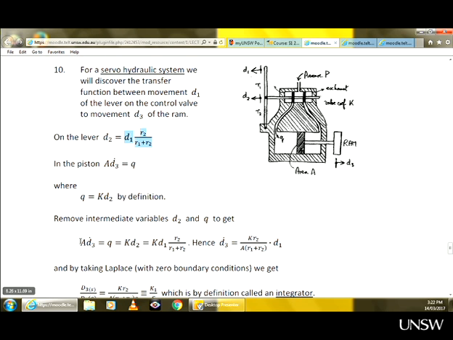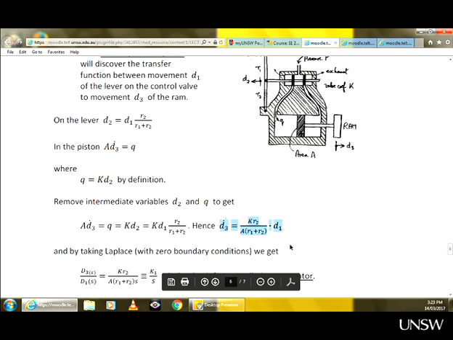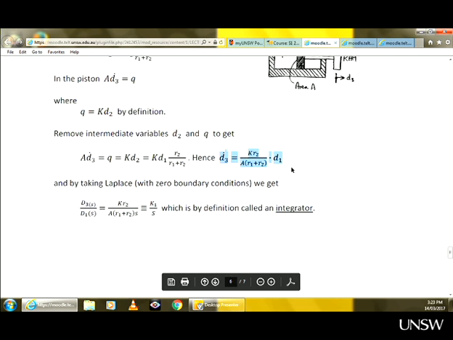Once again, A D3 dot equals Q, which is equal to K D2, which is equal to K D1 R2 over R1 plus R2. So we have a direct relationship between D3 dot, in this case, and D1.